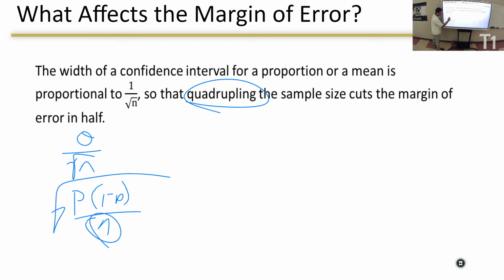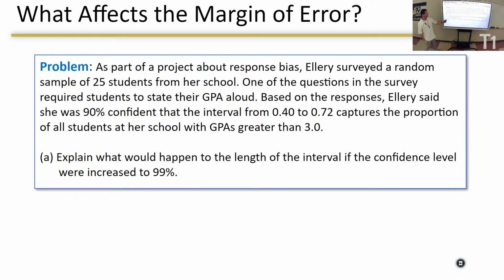Because this is square rooted, if you want to cut it in half, you have to quadruple n. If you want to cut it to a third, you multiply by 9. If you want to cut it to a fourth, you multiply by 16. So just remember that too. That comes up just enough that you've got to remember those things. Okay?